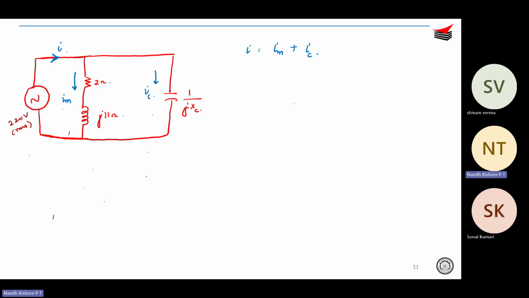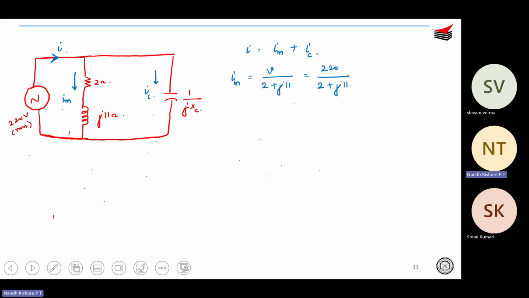So we know what IM is. IM is basically V divided by 2 plus j11. That is 220 divided by 2 plus j11.